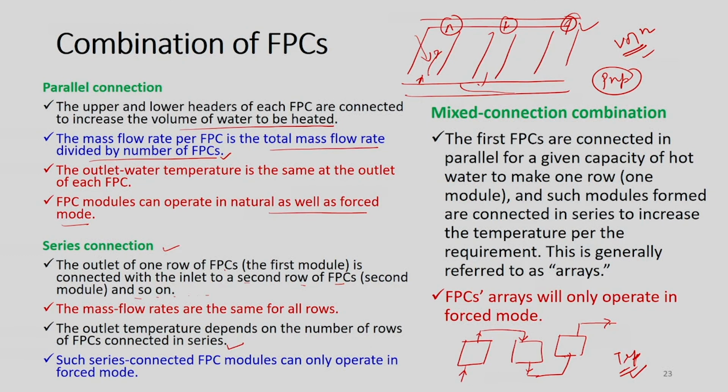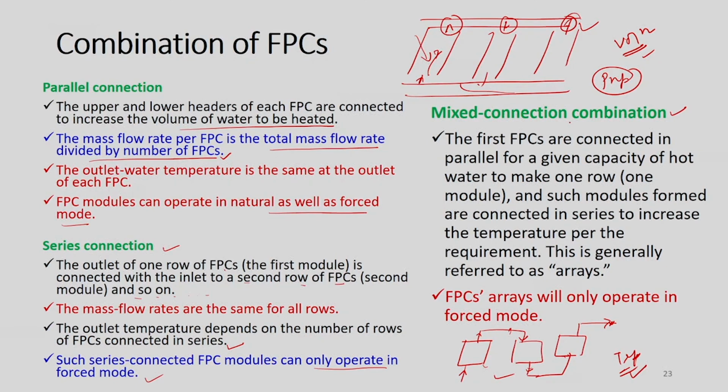Such series connected FPC modules can only operate in the forced mode. So, here thermosiphonic mode will not work. We need to apply some kind of active devices like pumps.